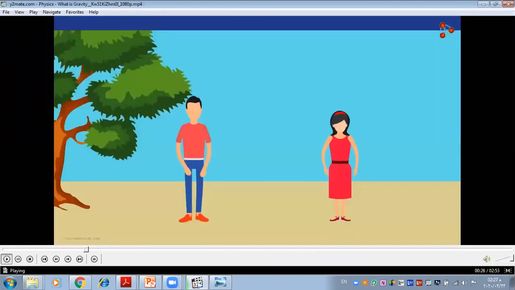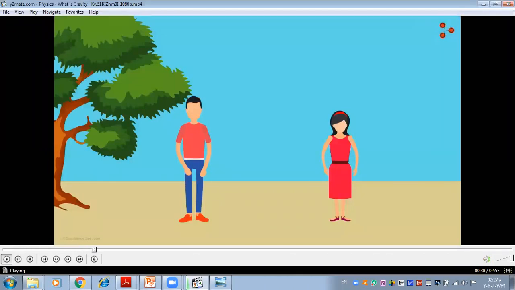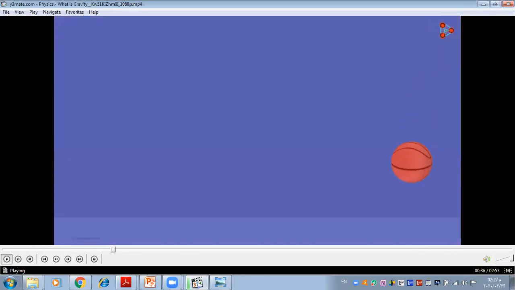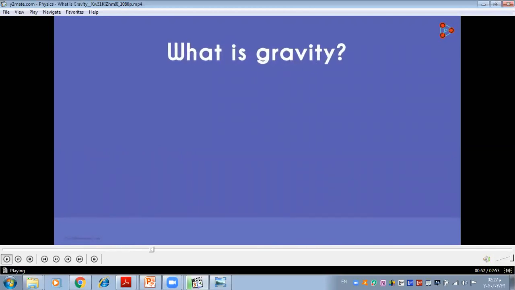Forget the fact that gravity has got to do only with the Earth and the objects close to it. That's not gravity. We'll see examples where objects are falling to the ground, and we assume that it's the only concept we need to know about gravity. Yes, of course, it's gravity that pulls the objects towards the Earth, but that's not the only thing you need to understand about gravity. So, what is gravity?